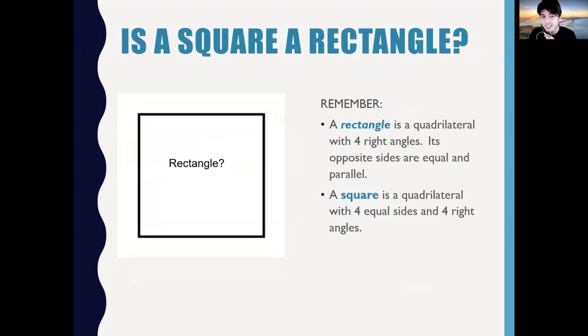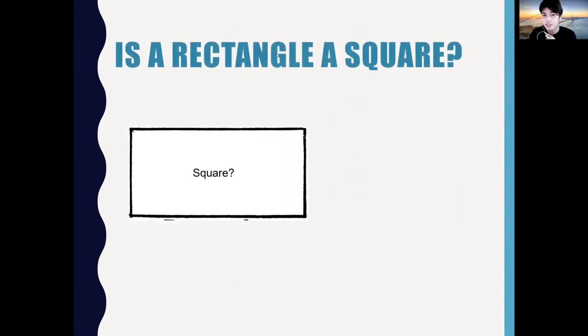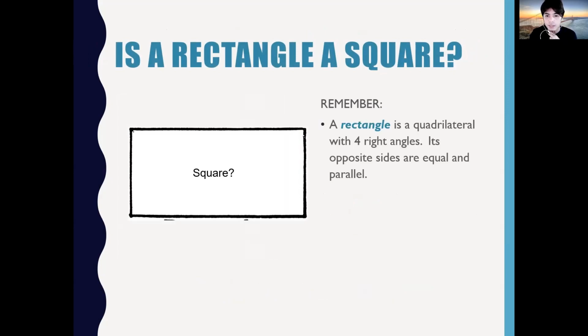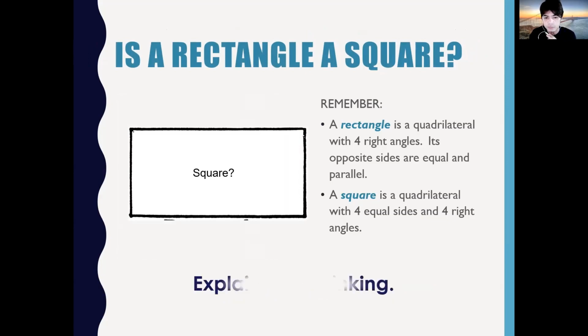So later on, what do you think? Later on, we will discuss that. Is a rectangle a square? We need to remember that a rectangle is a quadrilateral with four right angles. Its opposite sides are equal and parallel. And the square is a quadrilateral with four equal sides and four right angles.